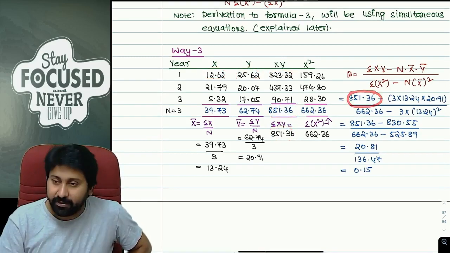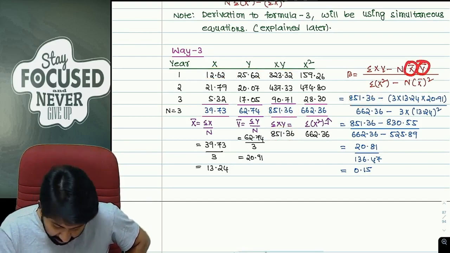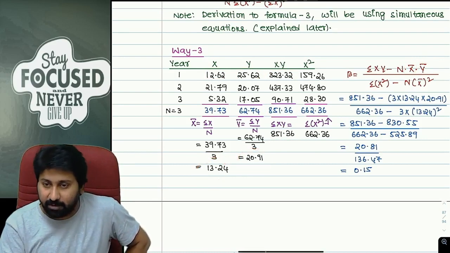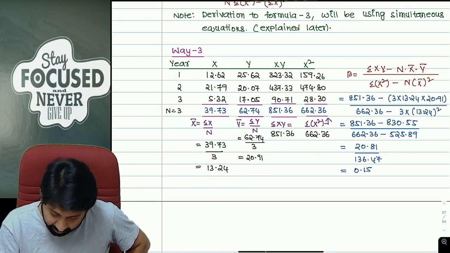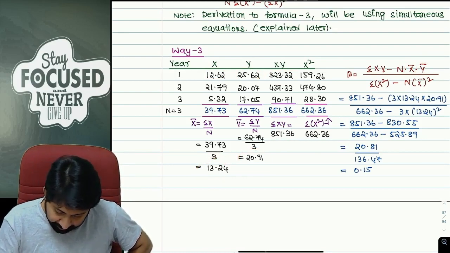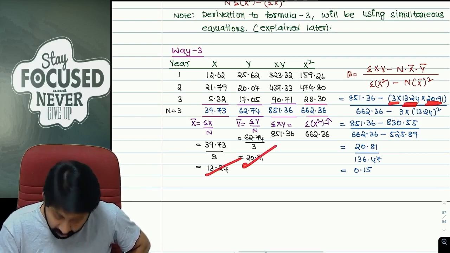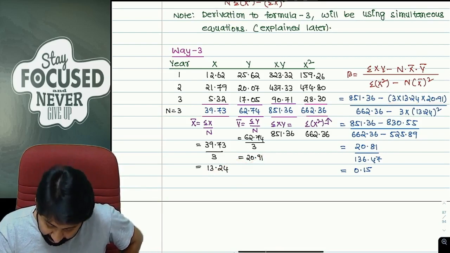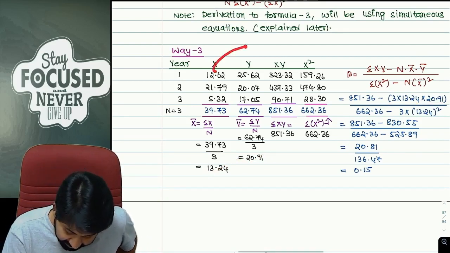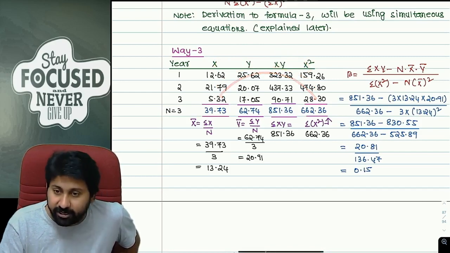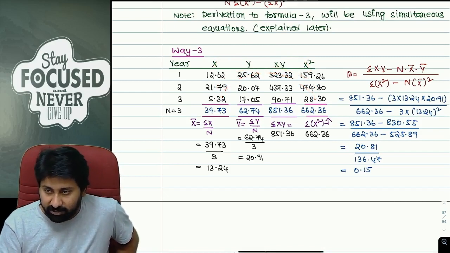First over x bar y bar, x bar y bar already we calculated in the previous formula. So n into x bar y bar. So n is 3, x bar 13.24, y bar 20.91. Okay, x square: 12.62 square, 21.79 square, 5.32 square. Okay, you have done this.